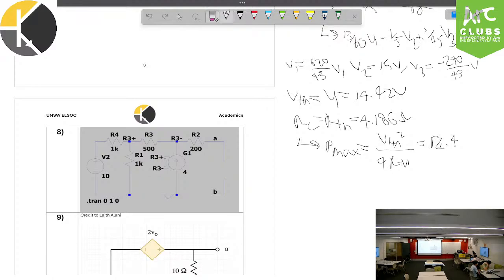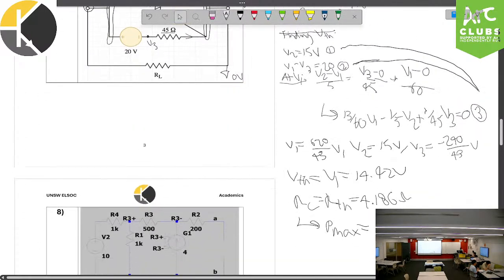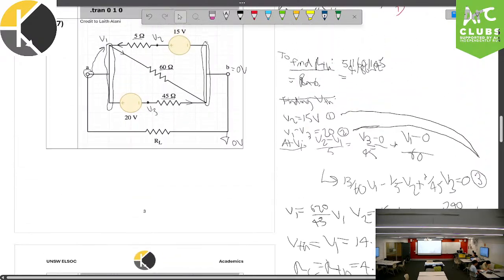Let me clean that up. .42 watts absorbed by the resistor. And that is question 7. Fairly simple. Just method 1 and just a bit at the end with maximum power transfer.